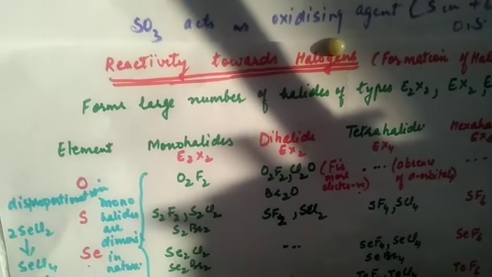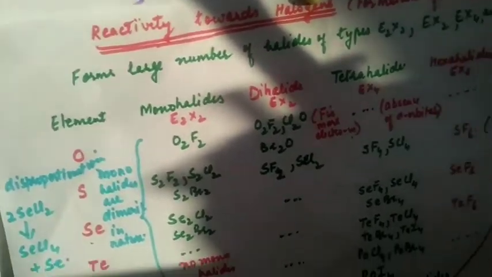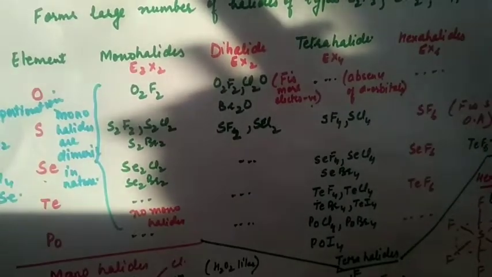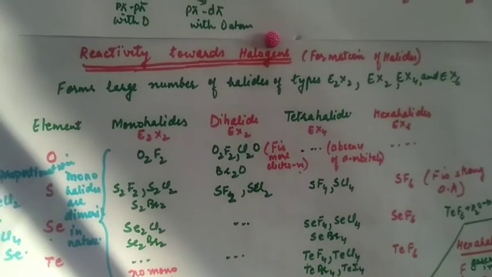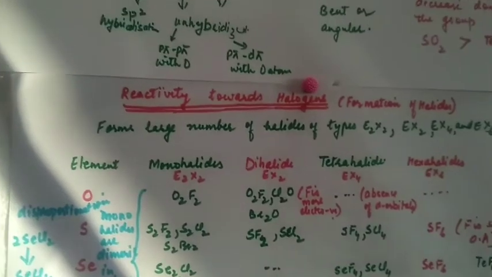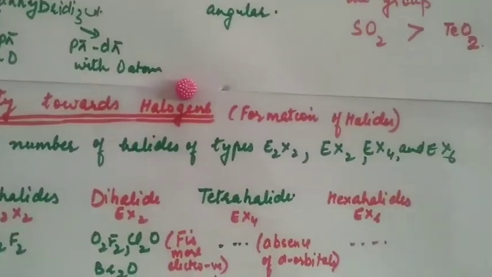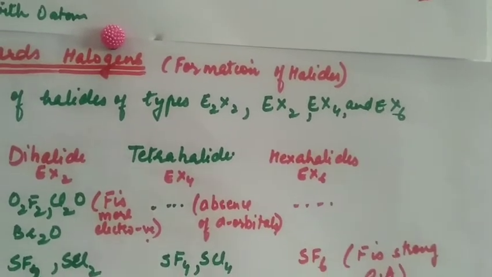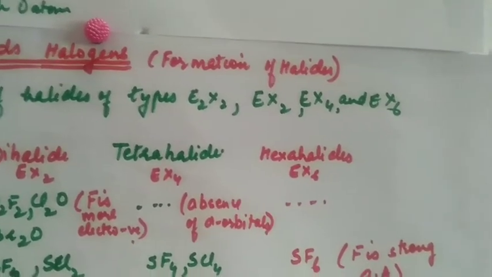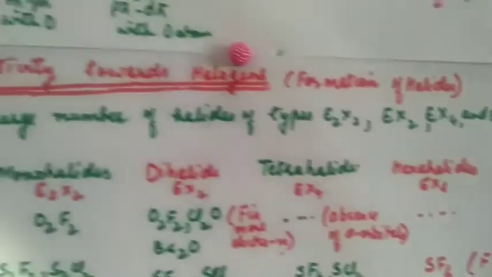Reactivity towards halogens, formation of halides. Elements of the oxygen family form a large number of halides of the type E2X2 monohalides, EX2 dihalides, EX4 tetrahalides, and EX6 hexahalides.